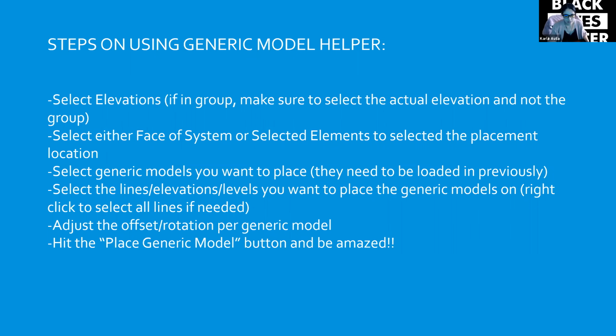You adjust your offset or rotation depending on the generic model, if it needs to be up or down or left or right. And then you just hit the place generic model, and it should work its magic, and they should be placed in your project, hopefully correctly, unlike the first time I did it.